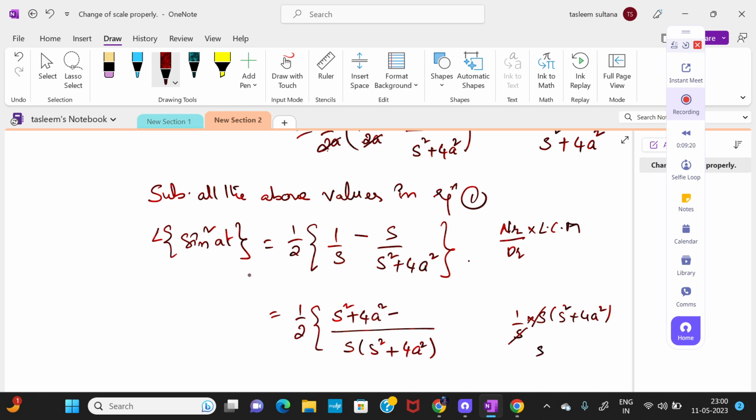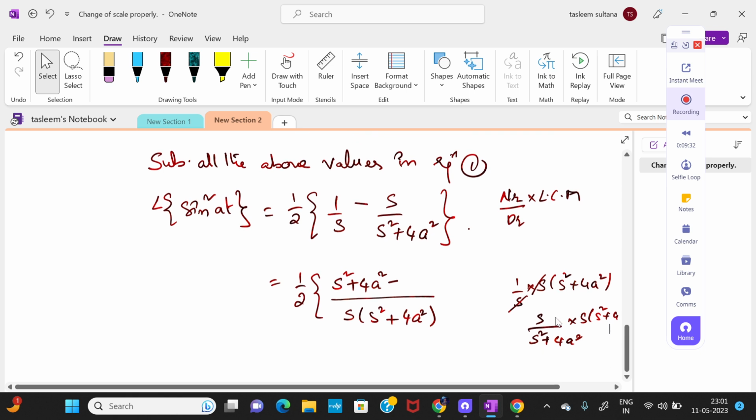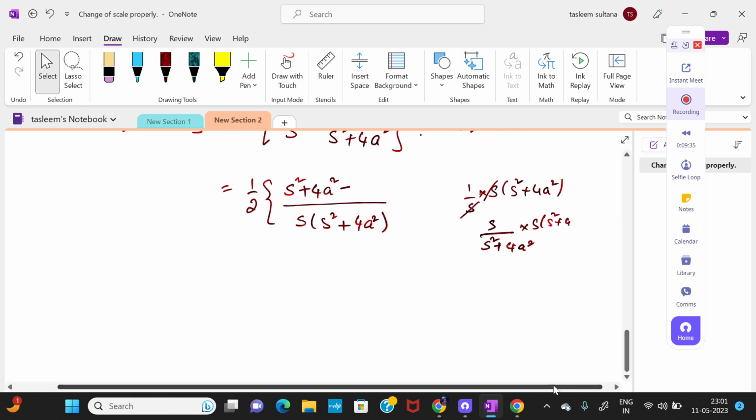Then minus s divided by s square plus 4a square into s of s square plus 4a square. The s square plus 4a square terms get cancelled, leaving s into s, a minus s square.